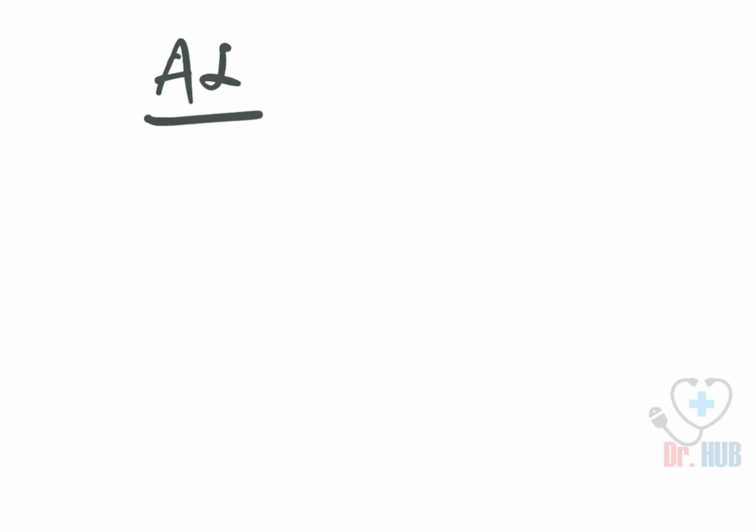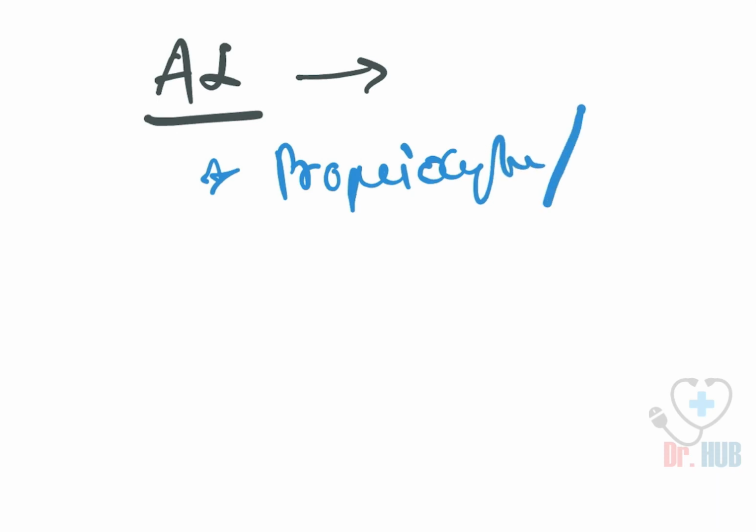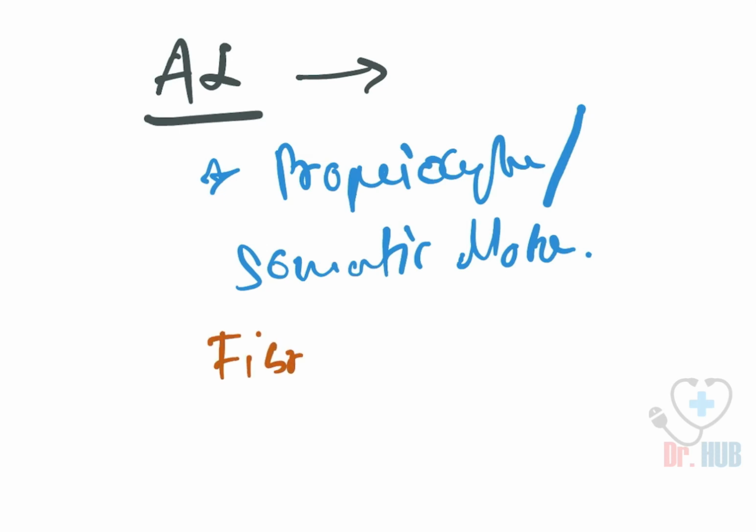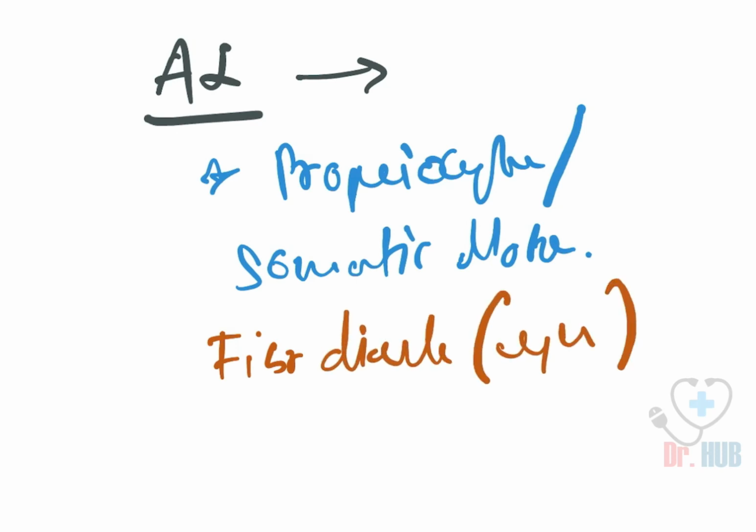So firstly, the A alpha fiber. The function of this is that it deals with proprioception as well as the somatic motor. Now what is the fiber diameter? The fiber diameter, in micrometers, is 12 to 20.